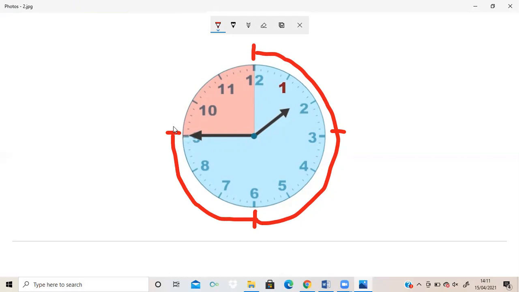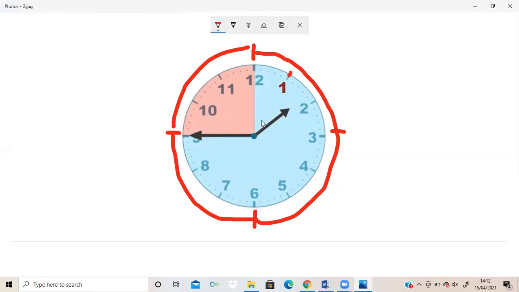Now another quarter is left, and at the same time the hour hand starts its journey from 1. When the minute hand was on 12, the hour hand was on 1 here.